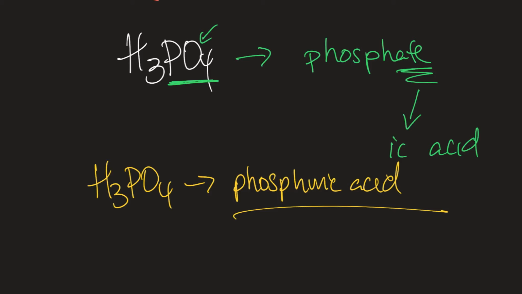If you were to go backwards, it's the same basic idea. Let's say we have nitric acid. How do we know it's an oxyacid? Well, there's no hydro in front of it, so that means the root has oxygen in it. How can you figure out the polyatomic?